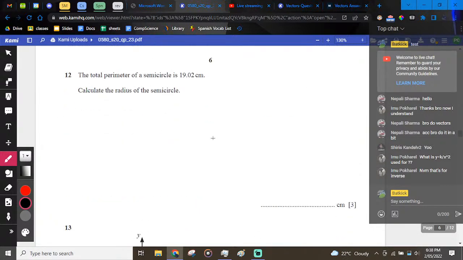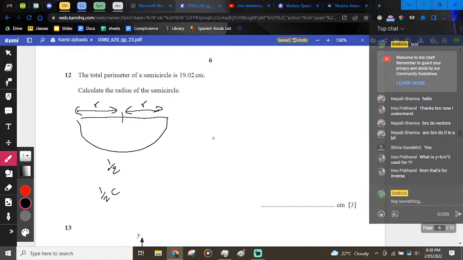Total perimeter of a semicircle. Okay, interesting stuff here. Semicircle, radius r. This is half the circumference, which is half times 2 times pi r.